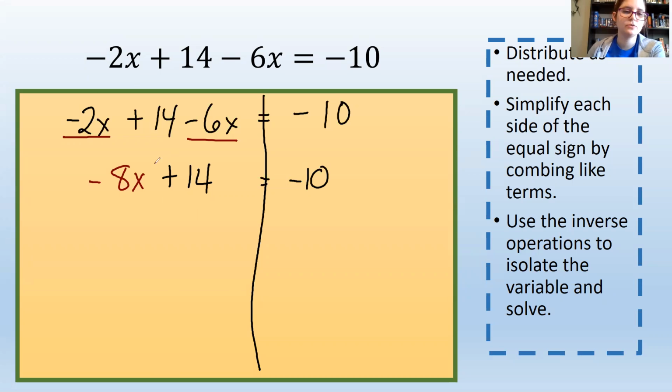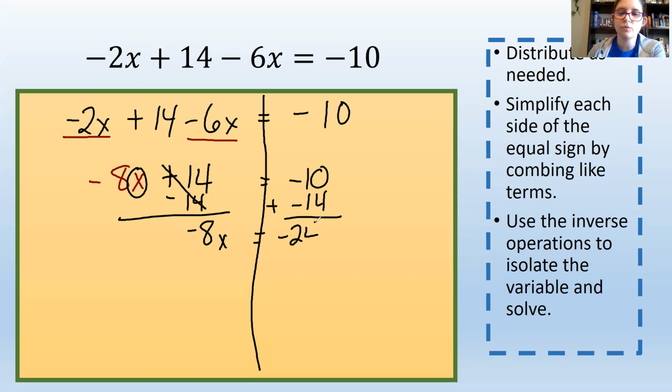I'm going to undo this 14 by subtracting. A positive and a negative of the same number cancel, so we're left with negative 8x equals. These are the same signs, which tell me to add. Negative 10 plus negative 14 is a negative 24. Now we need to undo a multiplication with division.